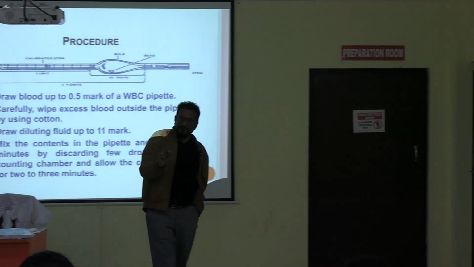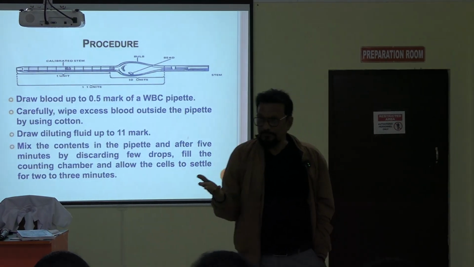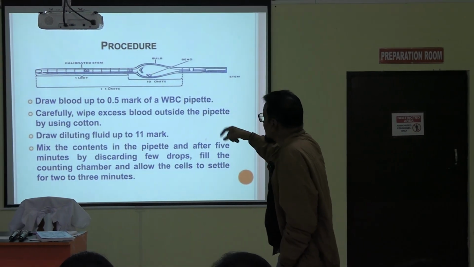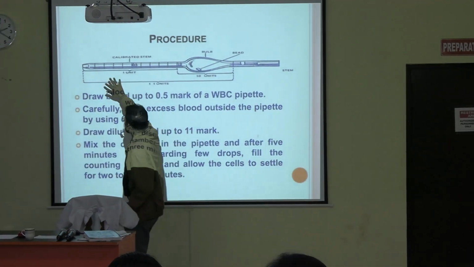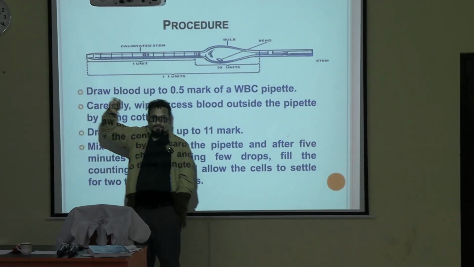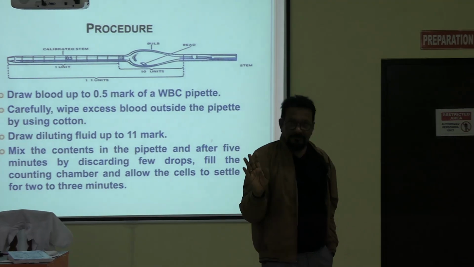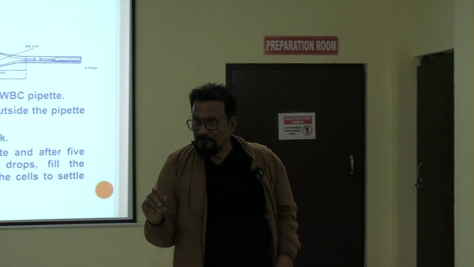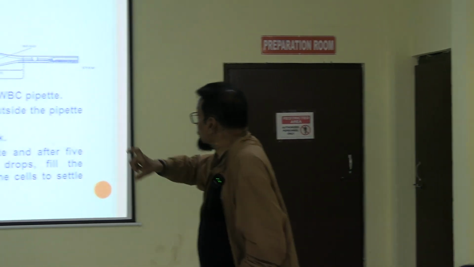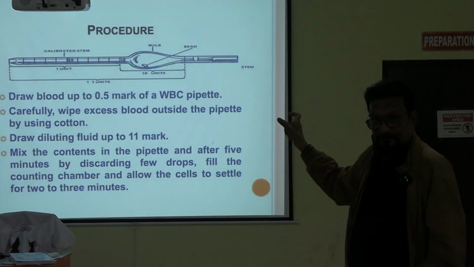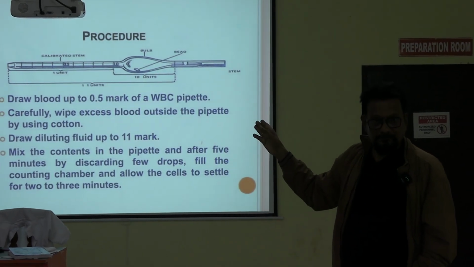If it is less than this or more than this, your marks will be deducted. If we find some blood on the outer surface at the tip of the pipette, then marks will be deducted. It has to be wiped. Then you have taken the blood correctly. So some marks will depend on it.